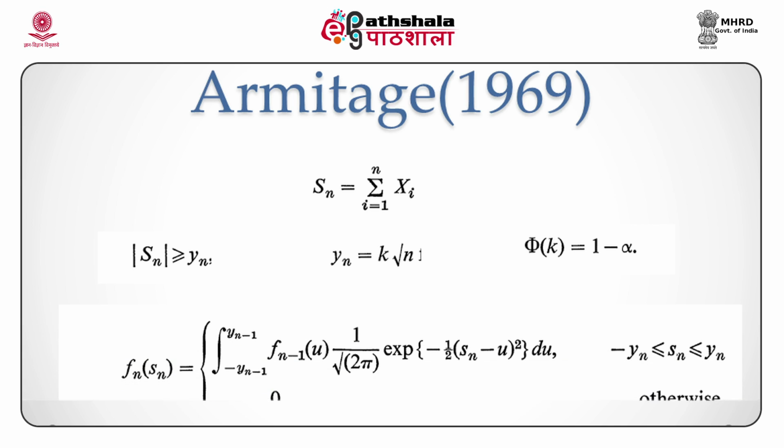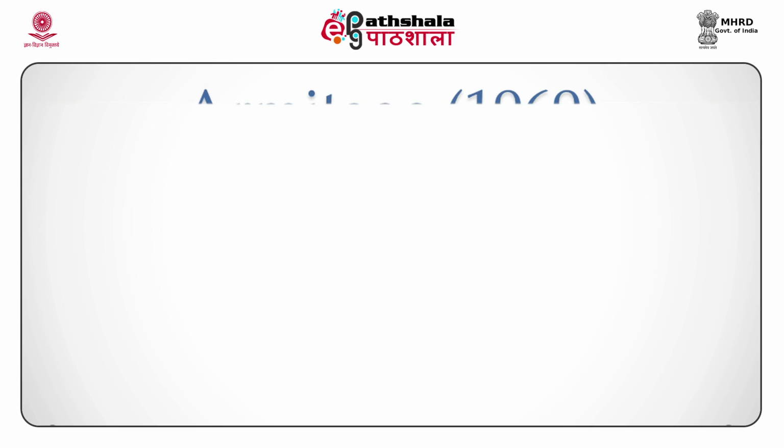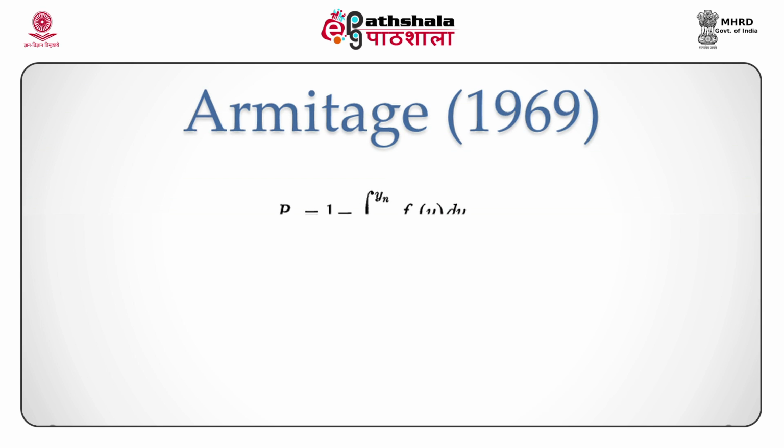Now, if we denote by Fn of Sn the probability density function of Sn in the sequential procedure, then it is as is given on this slide. The density function Fn can be obtained recursively, F1 being the standardized normal density function. The probability of absorption at or before n observations, that is the probability that m is less than or equal to n, is then given by Pn, and the expression for Pn is Pn equal to 1 minus integral from minus yn to yn of Fn(u) du.